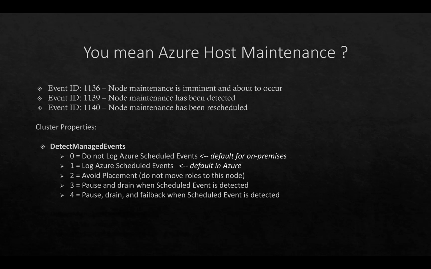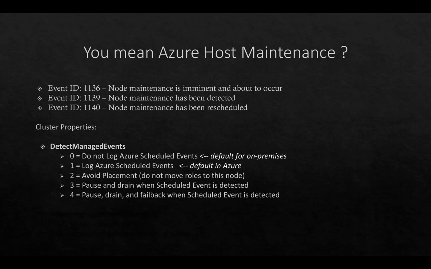You can do number 3, which is to pause and drain the node when the scheduled event is detected. Let it move everything off for you so that if the host maintenance happens, your productivity isn't down, even slightly. Or 4, pause, drain, and fail it back.